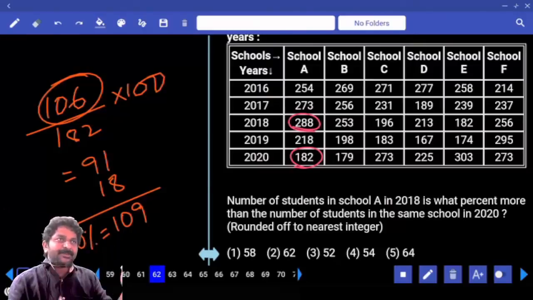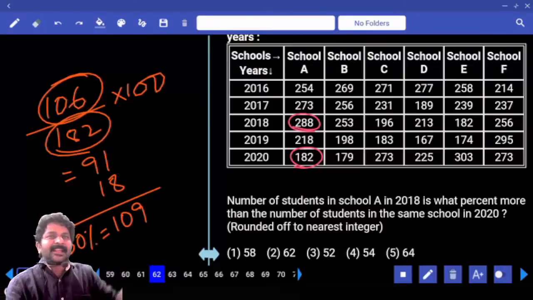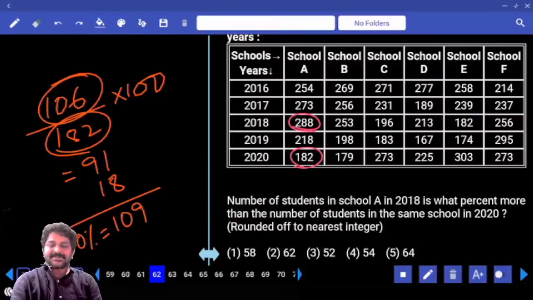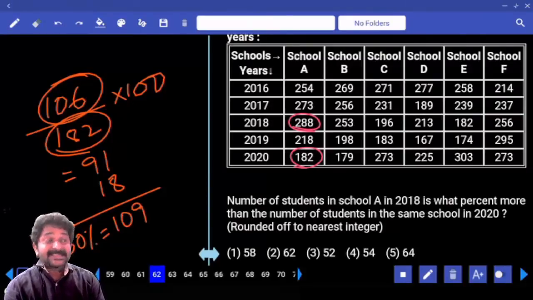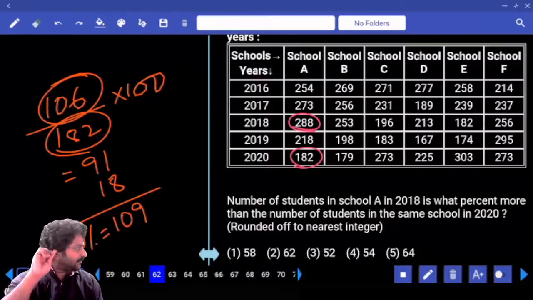How much is the difference between 109 and 106? With respect to the denominator, 1% is 1.8. That means the answer should be close to 60%, but less than 60. Look at your options. The answer must be less than 60%, but close to 60%. How many options are there? Only one. How much is that? 58.